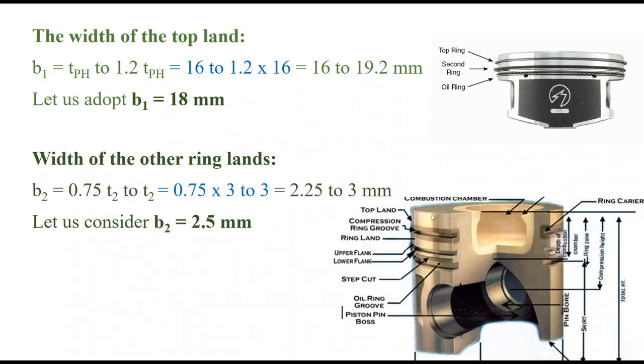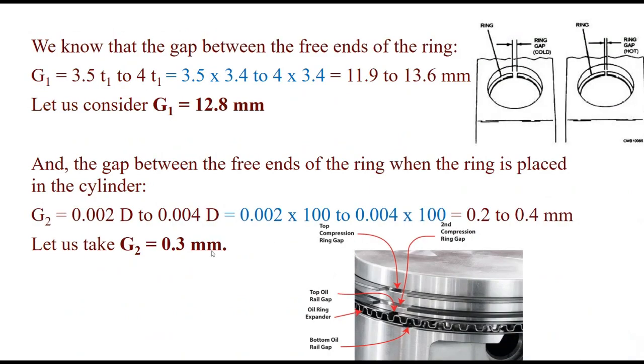In order to keep the compression ring safe, more distance is provided between the top of the piston head and the first slot of the compression ring. This portion we have not discussed in theory in the previous class. I missed out on this. Anyway, it's a very simple portion.